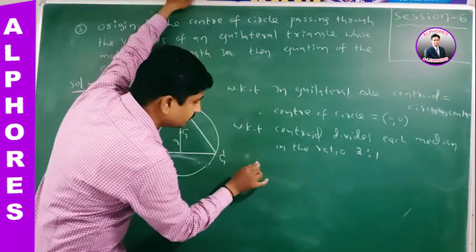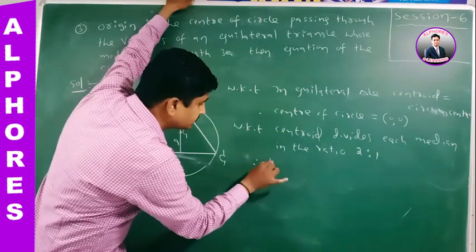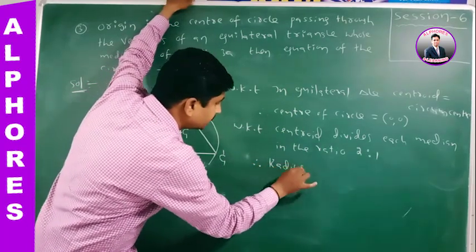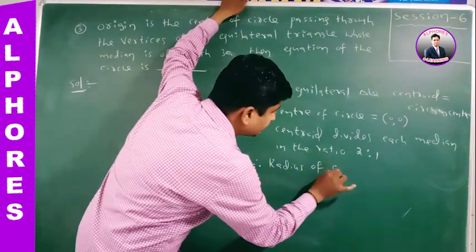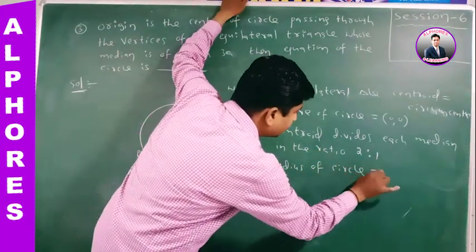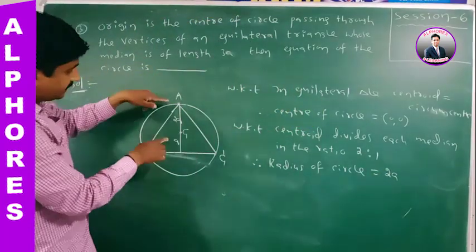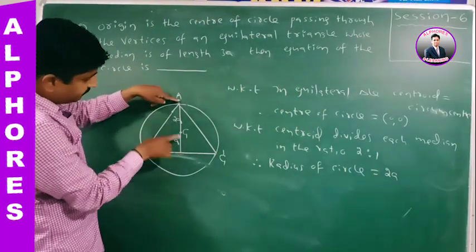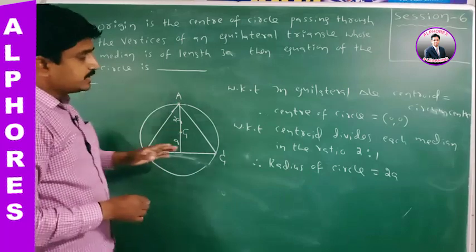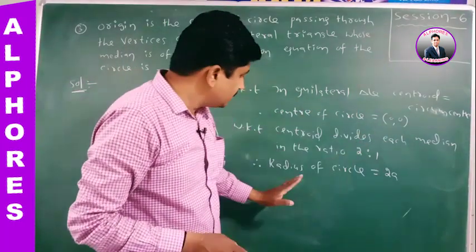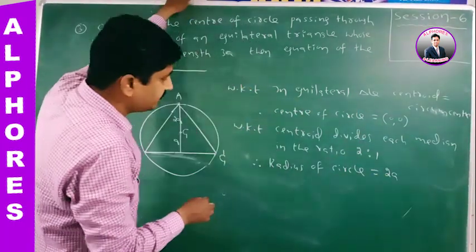Therefore, from the diagram, the radius of the circle is equal to 2a. Here this length is 3a, therefore the radius is 2a. Here center (0, 0), radius 2a, therefore the equation of the circle.